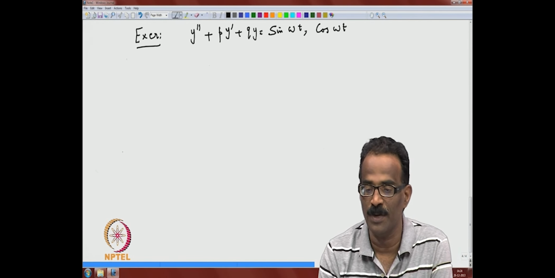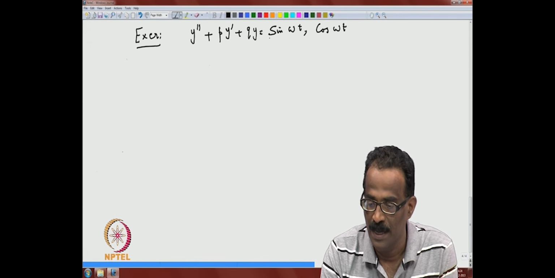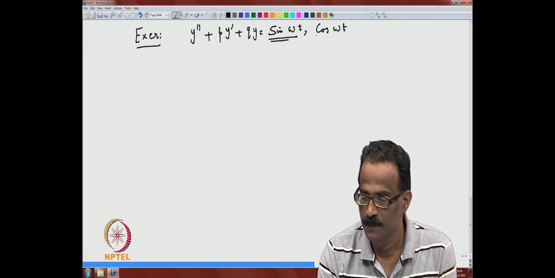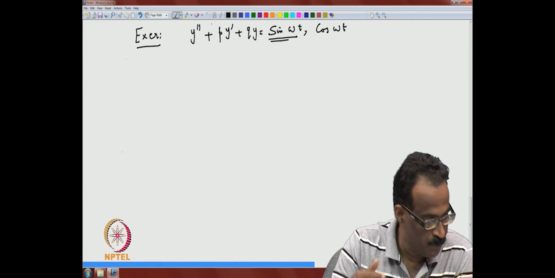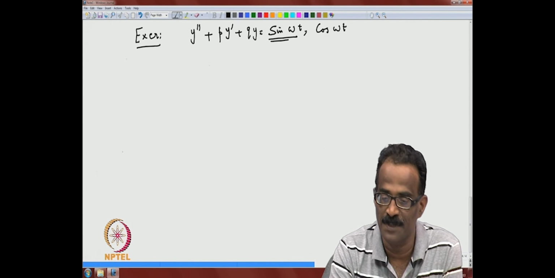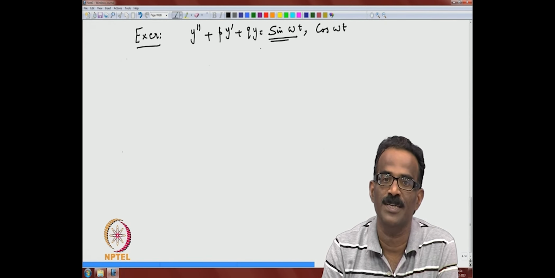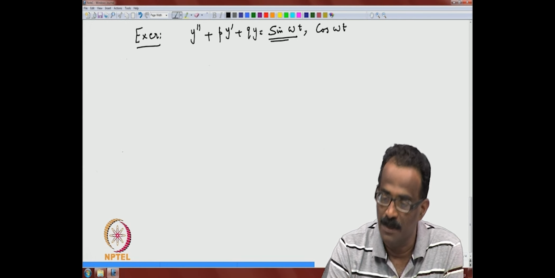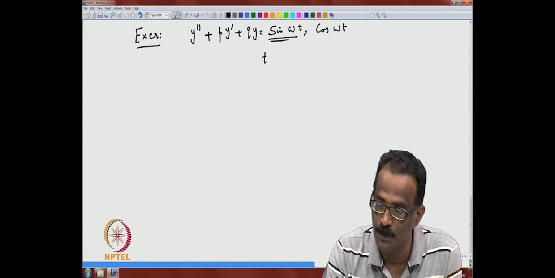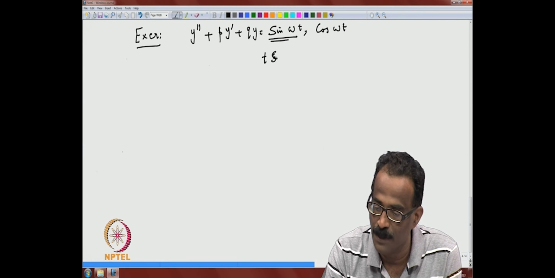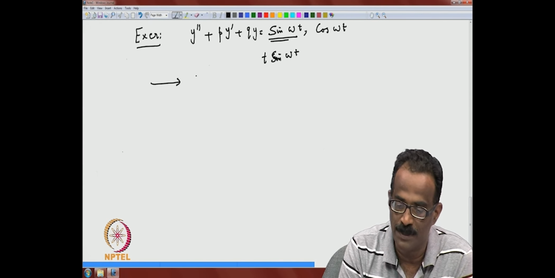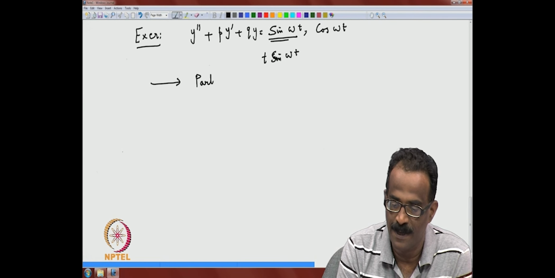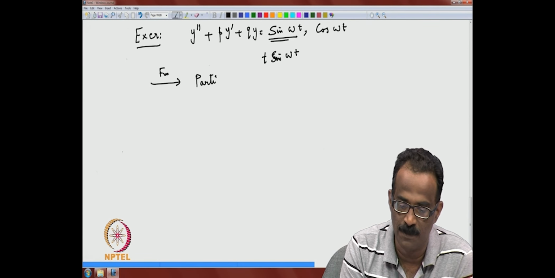What you look for is a solution of this form first. If omega is not a root of the homogeneous system, you can proceed with the same form, and if that is not a solution, next you try t sin omega t. So, the exercise is to find a particular solution.